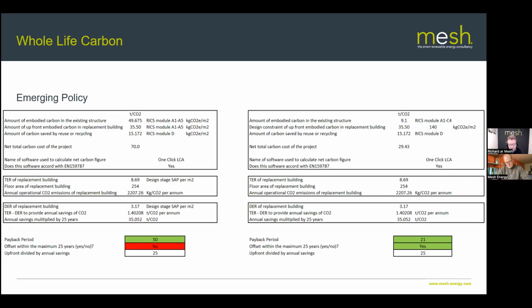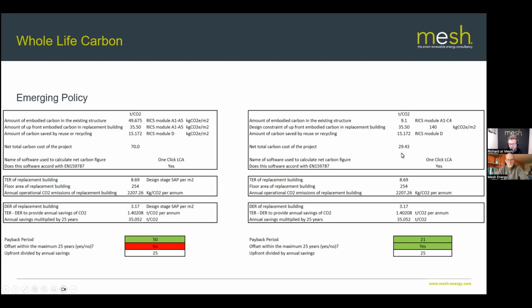Now, when you look at the RICS structure, the way that it suggests or guides that it should be calculated is that you take the end of life carbon footprint. So how much carbon is at the end of life of the building through deconstruction and reprocessing. It then asks what the upfront, the module A carbon footprint is of the replacement dwelling, and the amount of carbon that could be recovered through module D of the existing dwelling.